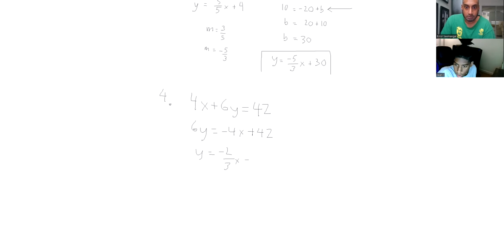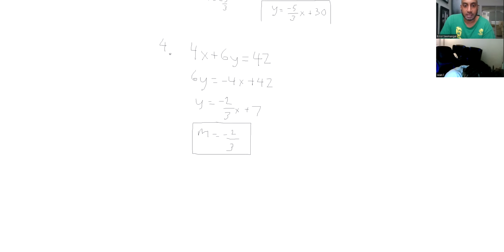What's your slope on that? How'd you get a negative? When you subtract 4x on both sides, on the right side it'll be negative 4x. Okay, so the slope is negative 2 over 3 on that one. So on the other line, the same slope, negative 2 over 3.